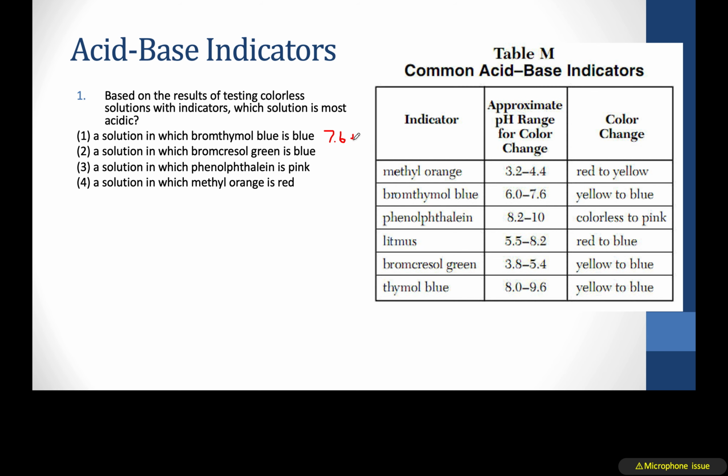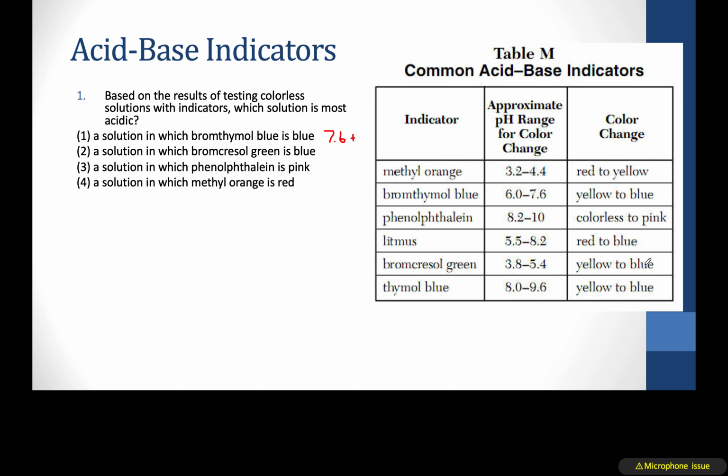That's a plus sign. Okay, so a solution in which bromcresol green is blue. I'm not sure how to say that, to be totally honest. It's here. If this solution is blue, that means it's above 5.4.